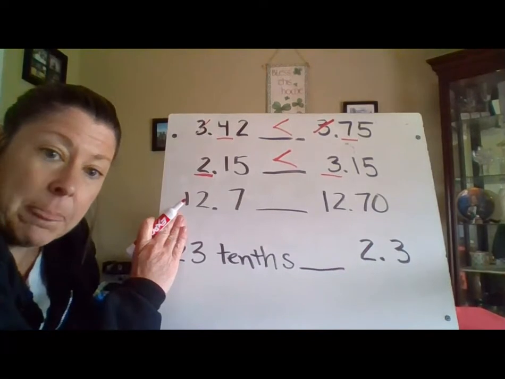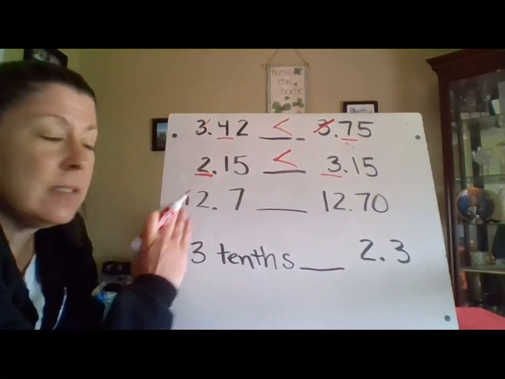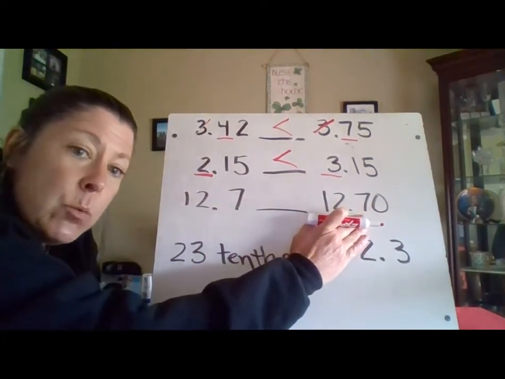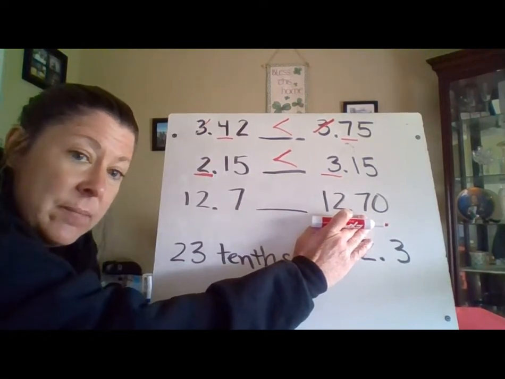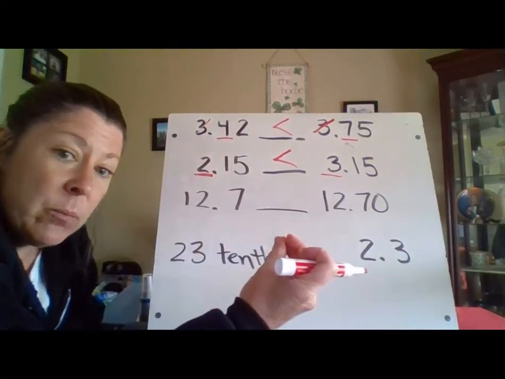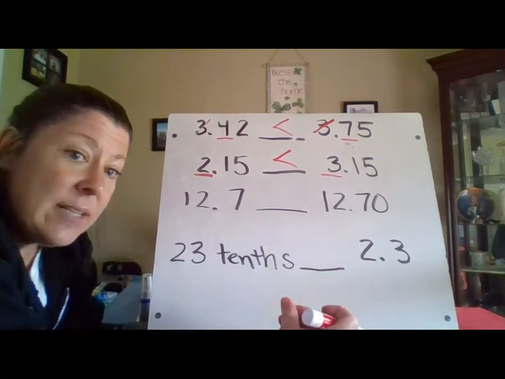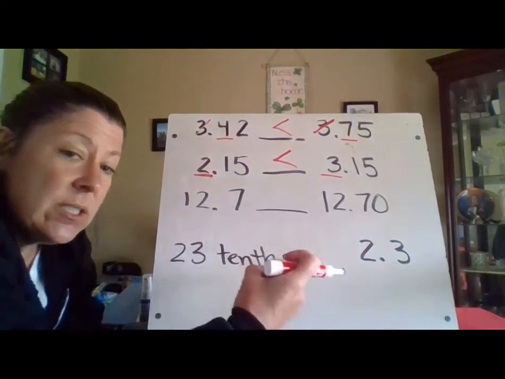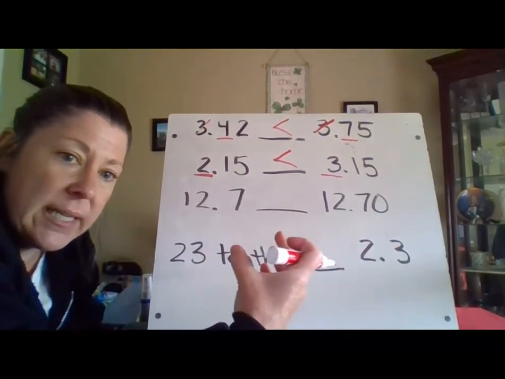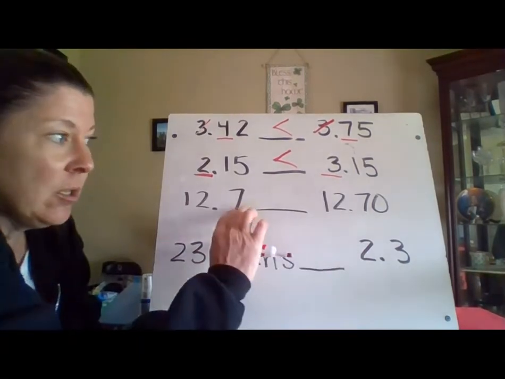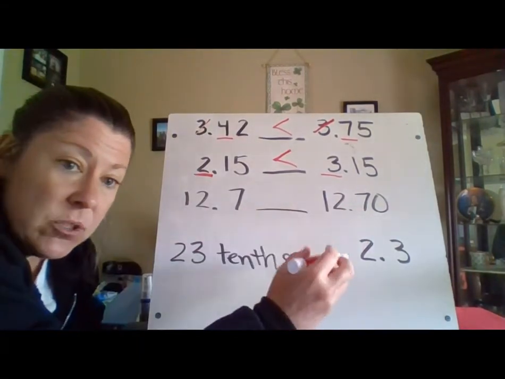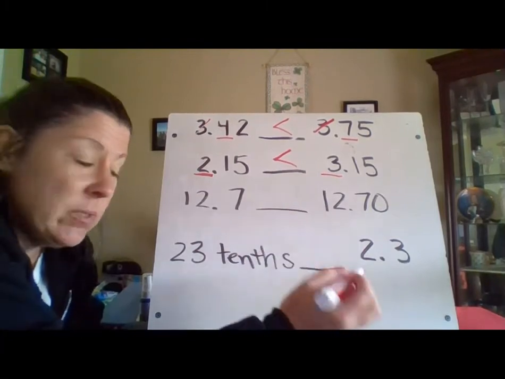Next one is letter E. I have 12 and 7/10. I have 12 and 70/100. Now, remember when we were working yesterday, I suggested, just like we do with fractions when we find a common denominator, with our decimals, we also can make common units.